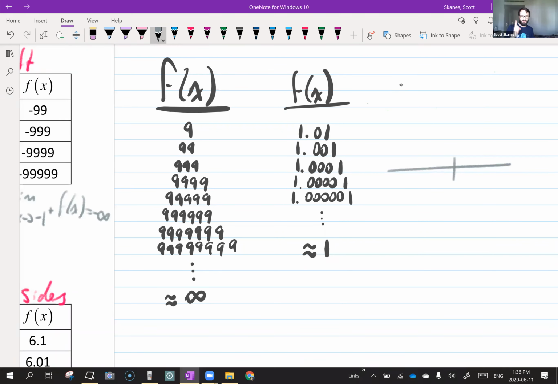This is 1 mark. This is 1.01, or just imagine 1.01. If we move it closer, it's 1.001. If we move it even closer, it's 1.0001.